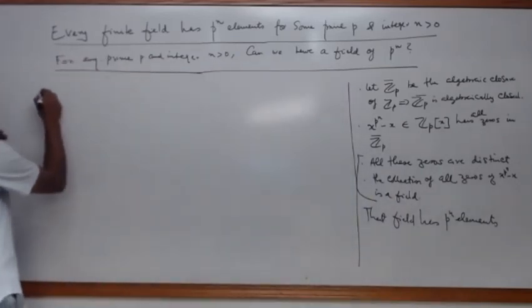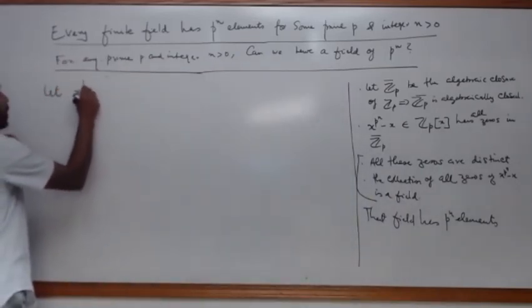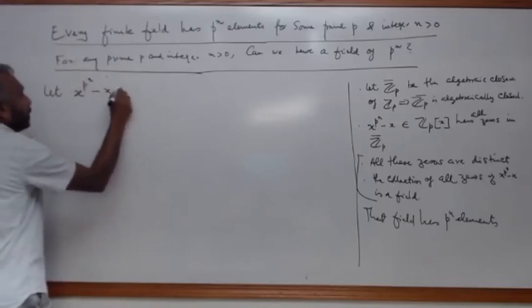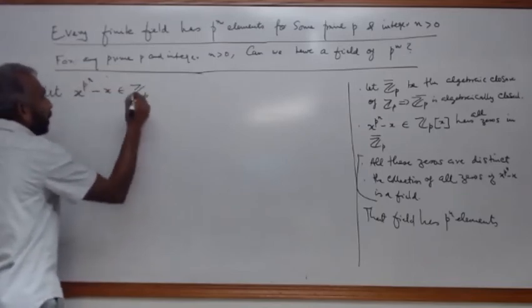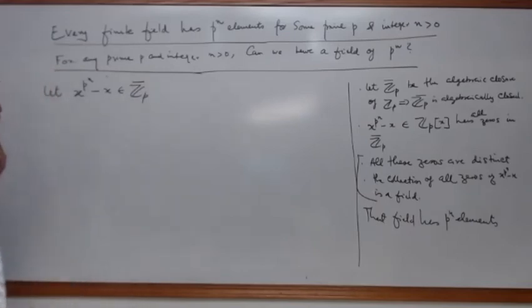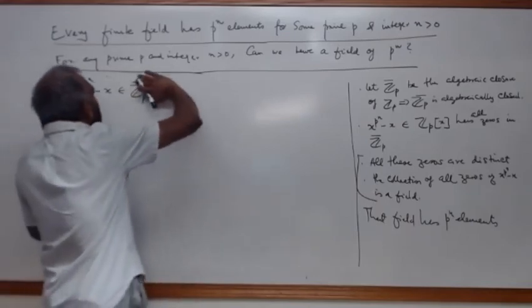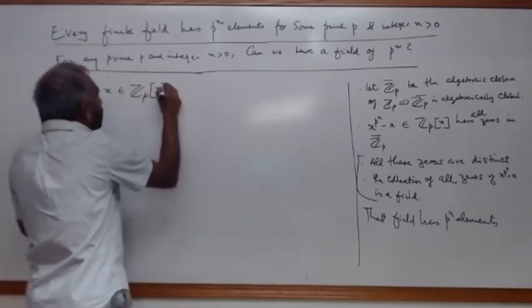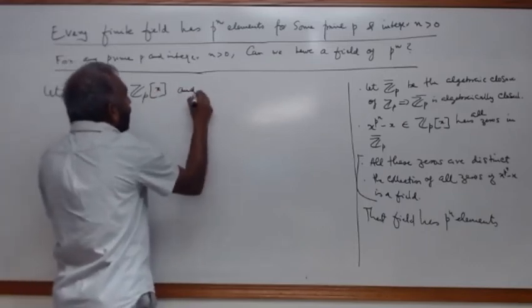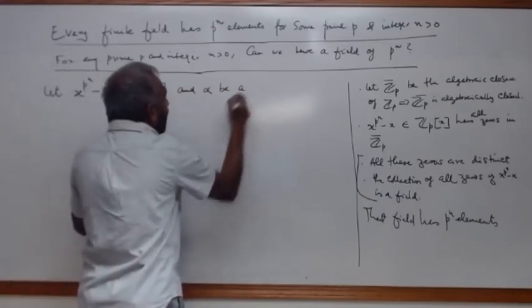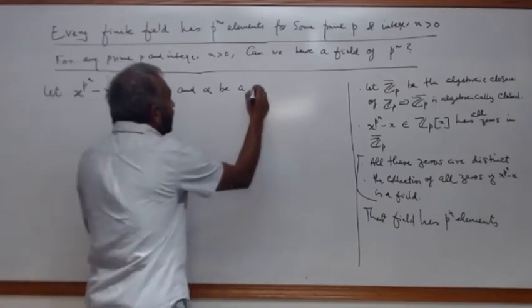So let x to the power of p to the power of n minus x belong to ZP of x.